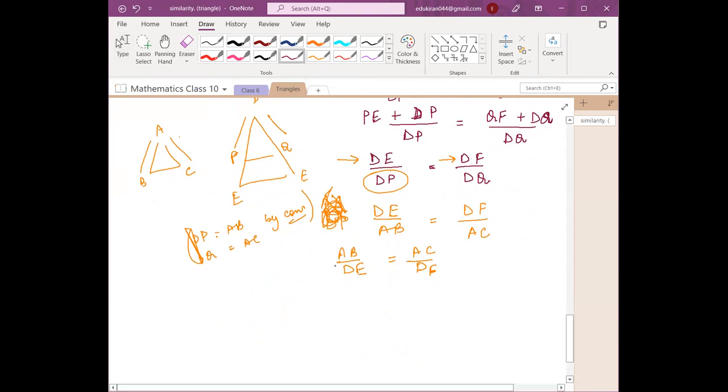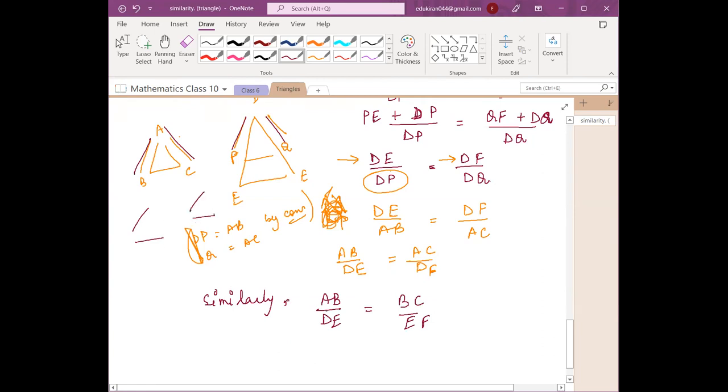No, ma'am. Okay, so similarly, we can also show this, so we will not do it again. We can show that AB upon DE will be proportional to the other side, that is BC upon EF. So far we have shown that AB upon this is equal to AC upon this. We can also show the third one which is remaining.